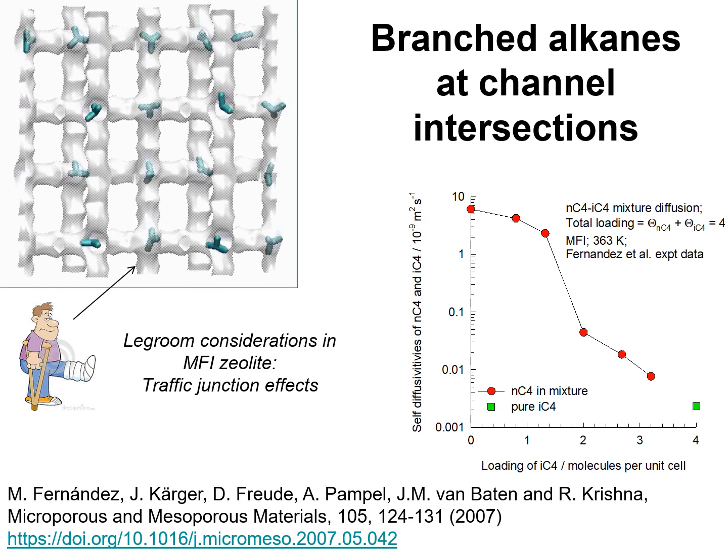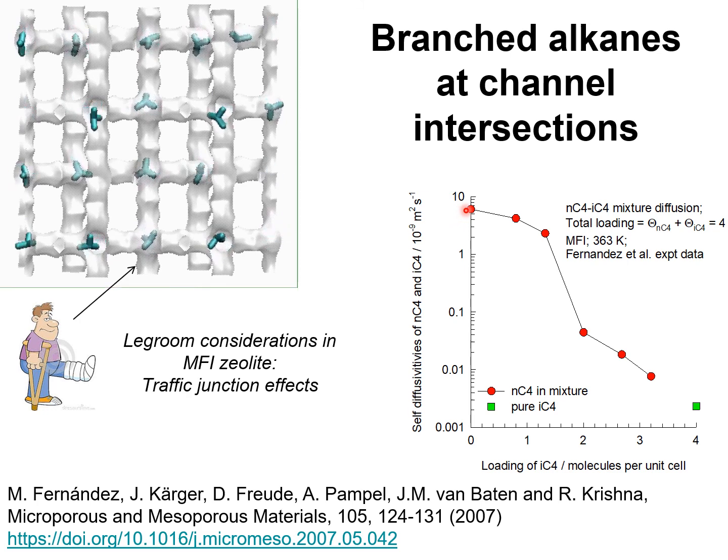On the right-hand side, I show experimental data on the self-diffusivities of normal butane in a mixture of normal butane and isobutane at a total loading of 4 molecules per unit cell.